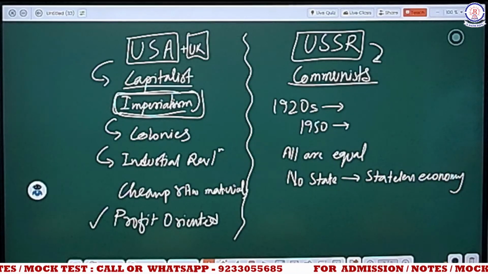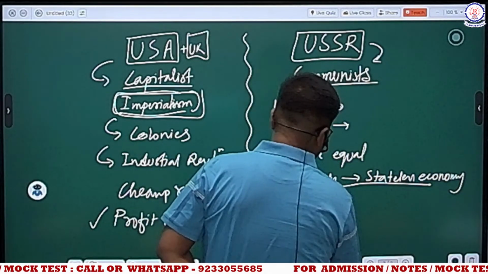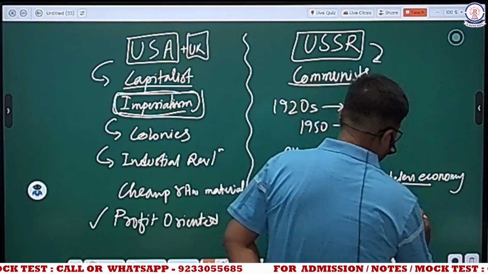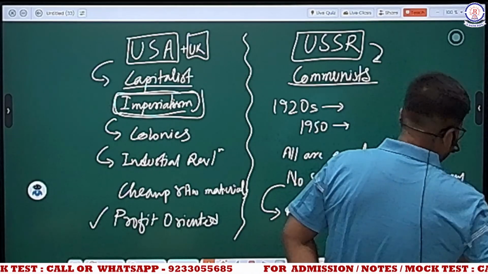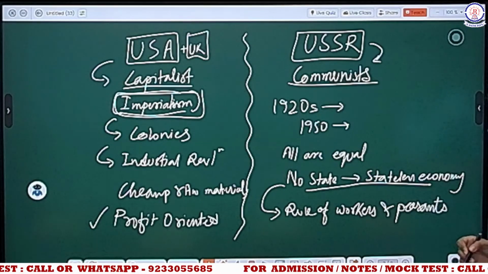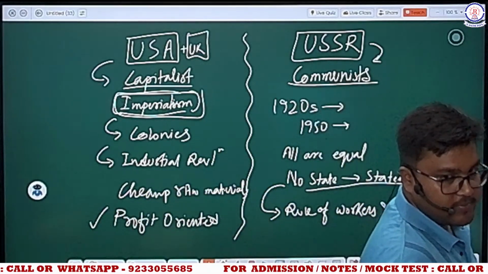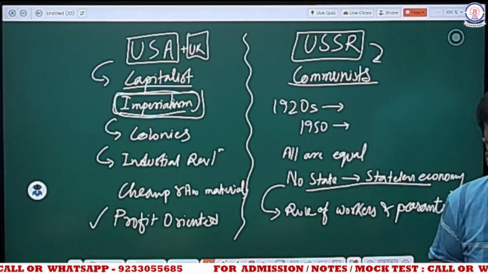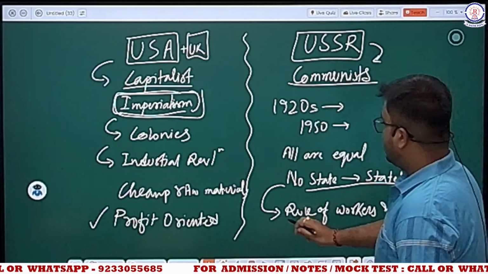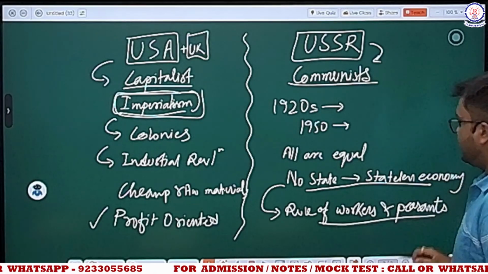So for that, first they believed in a state economy, and they believed in the rule of workers and peasants. Most communist nations have a sickle and hammer logo, which represents the workers and peasants. The sickle represents the farmers, peasants. The hammer represents the workers. That is minimum involvement of state bureaucrats, and the rule was by workers and peasants.